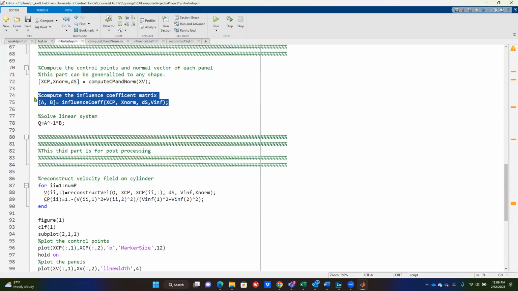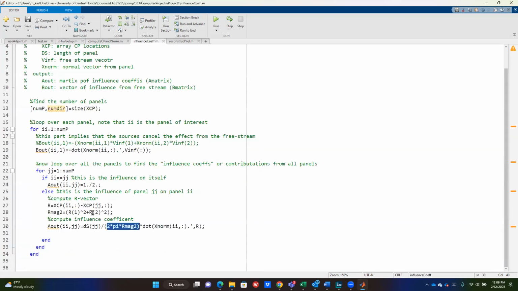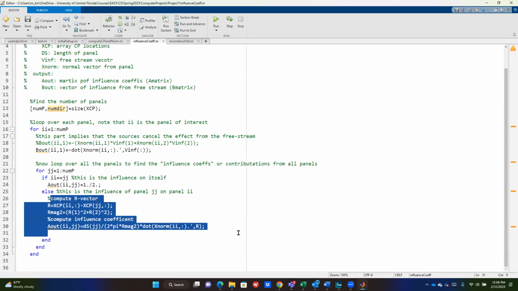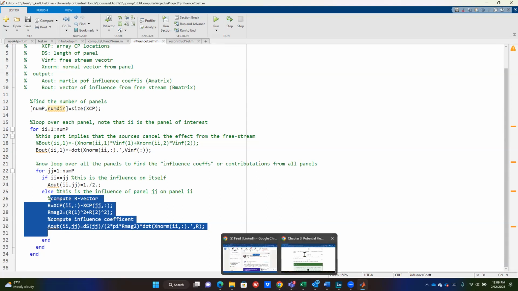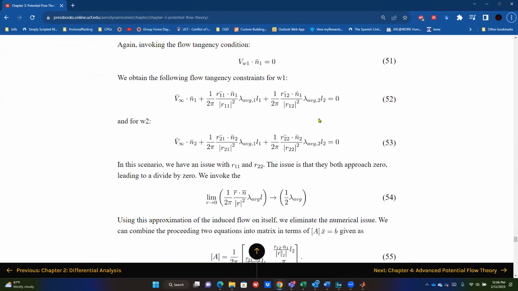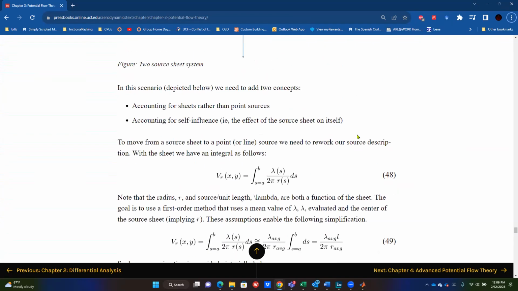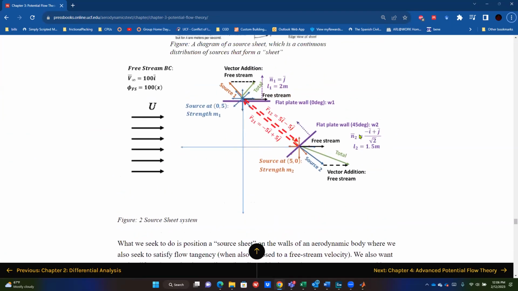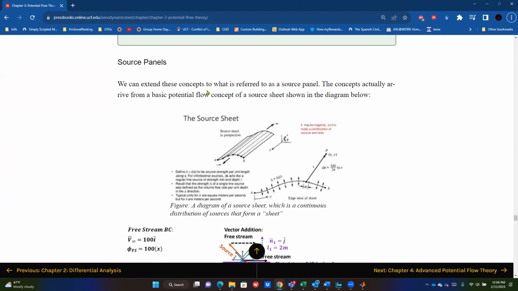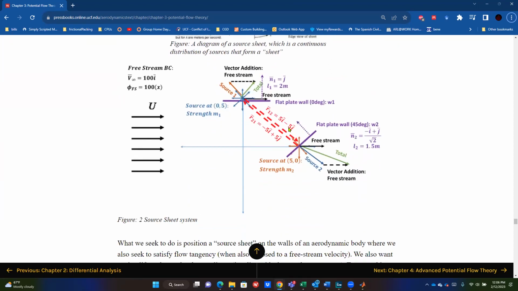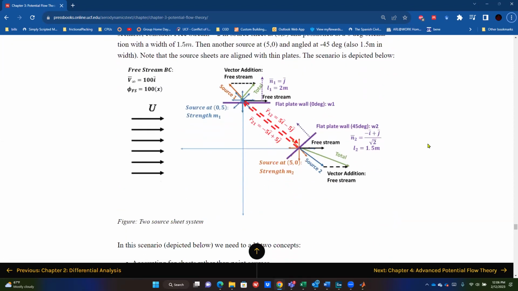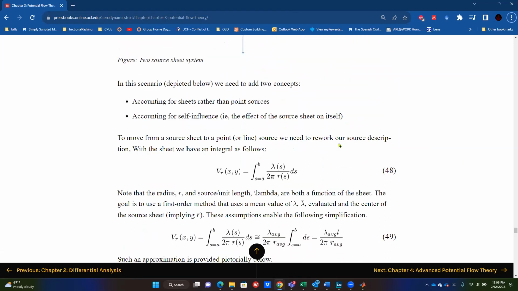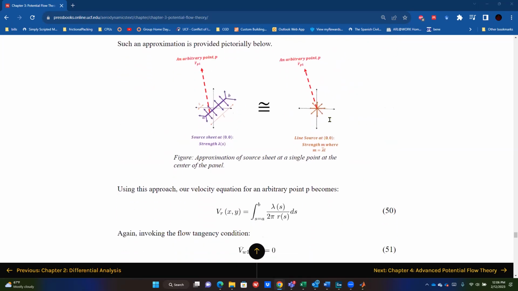Then the whole concept of these influence coefficients. So understanding how these matrix elements are built up. And again, I encourage you to go through specifically this section of the notes to understand, we're working with source panels and influence themselves. Really, the core of what this whole code is right here.